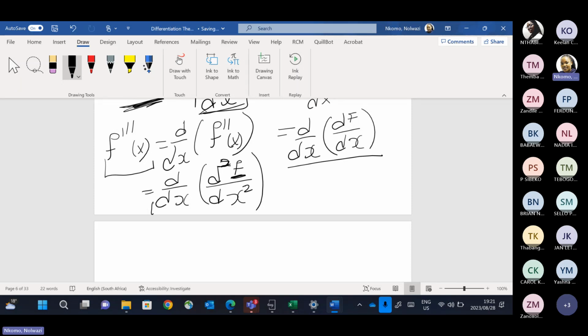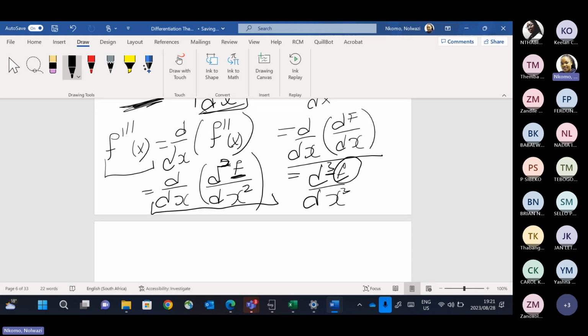Okay, this is the same as d cubed f over dx cubed. Again, this 3 means f has been differentiated 3 times, right?